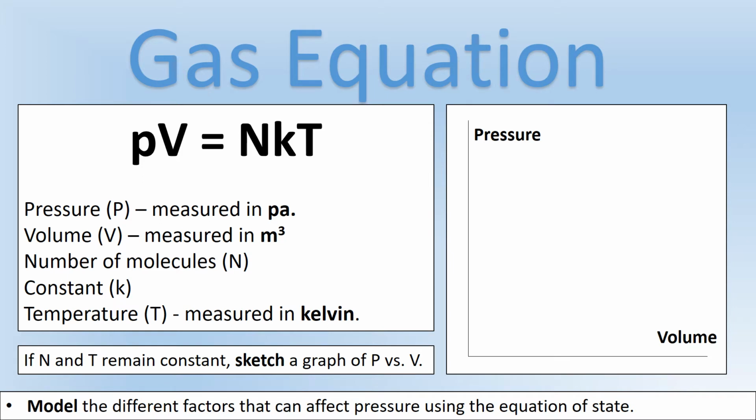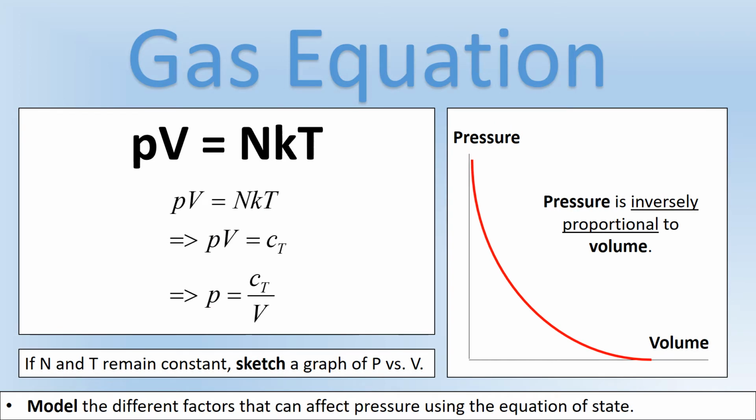Okay, so now you've had an opportunity to sketch it, and I really hope that you've taken the opportunity to have a go anyway. Let's have a look at how I would go about sketching this. So the first thing I'm going to do is take the equation and simplify it. So if n, k, and T are all constant, I can write that just as one constant, which I've called C with a subscript T to say that temperature stays the same.